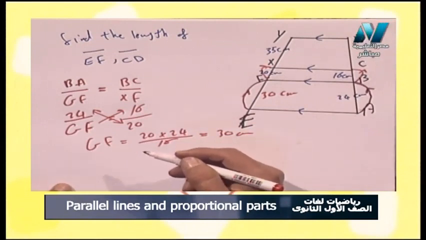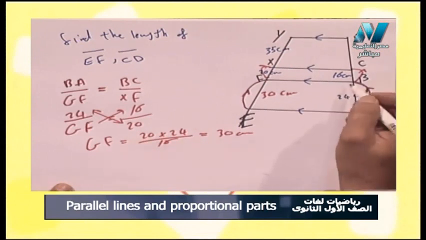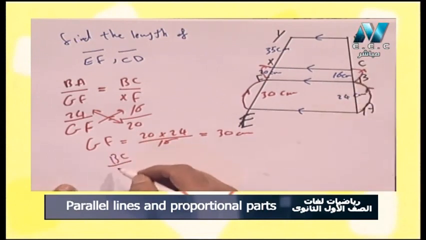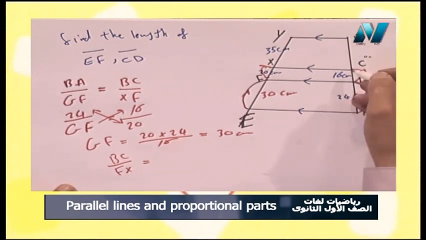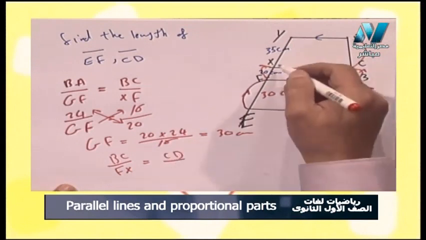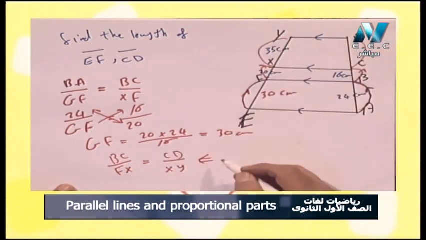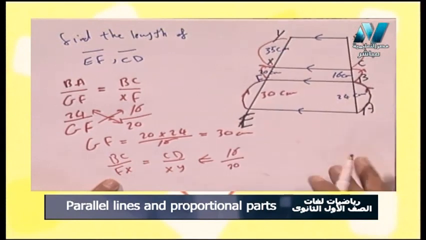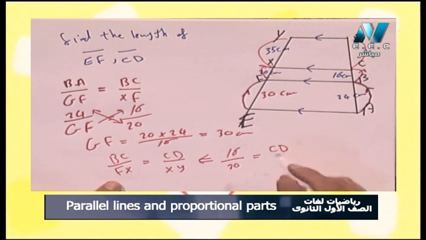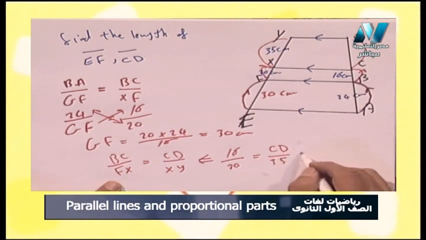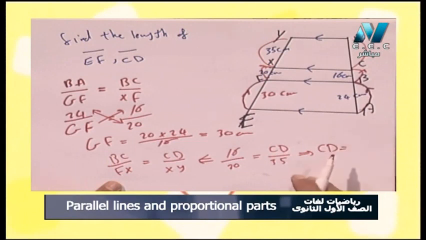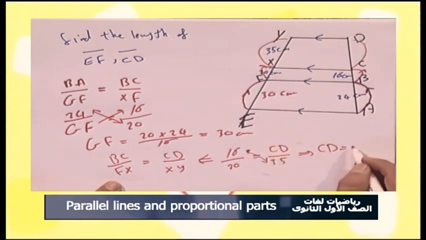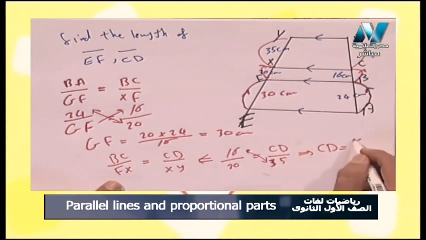We can say that BC over FX will be equal CD over XY, and we have BC here 16 over FX 20 equal CD, which is unknown, over XY, which is 35 centimeters, and of course we can find out the length of CD will be 35 multiplied by 16 over 20.